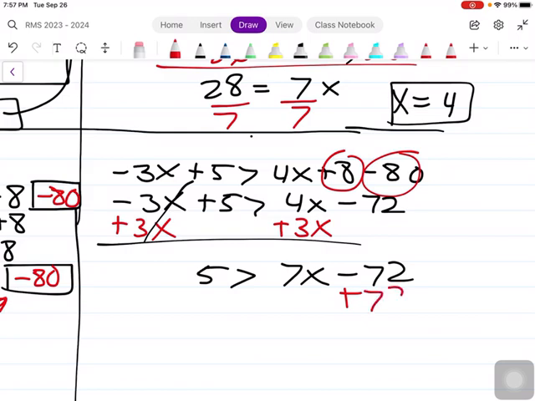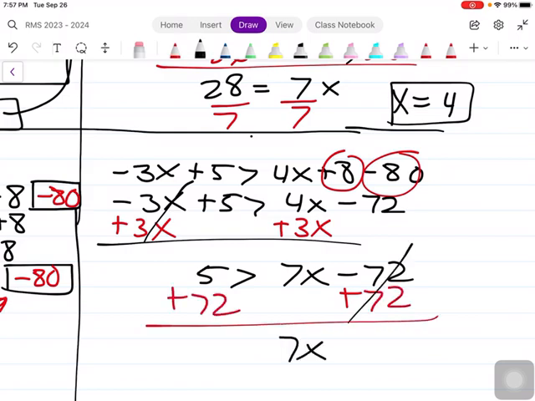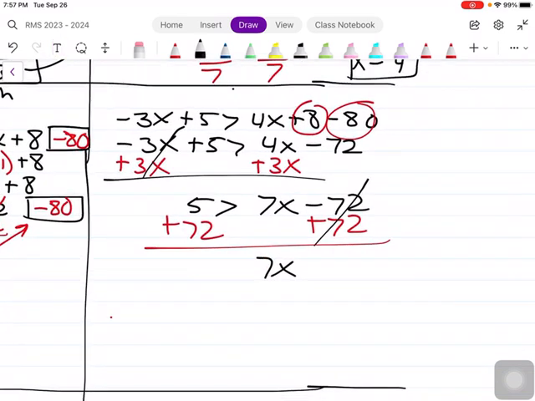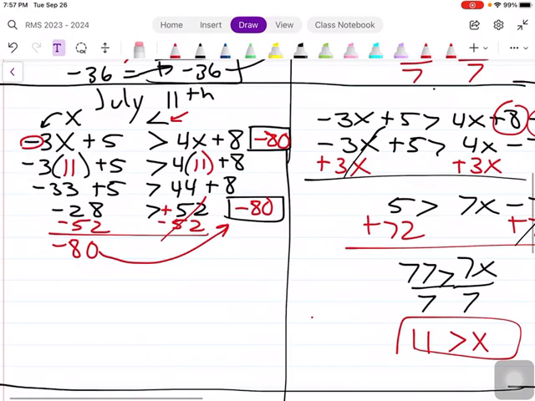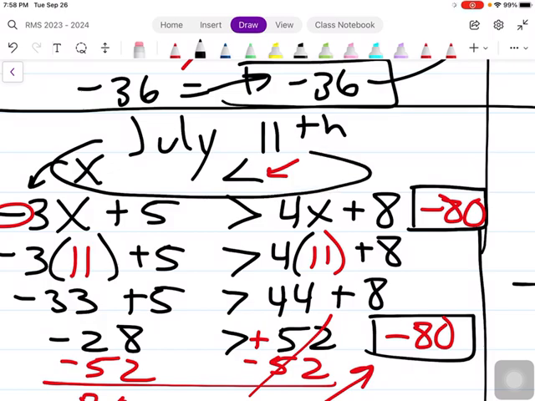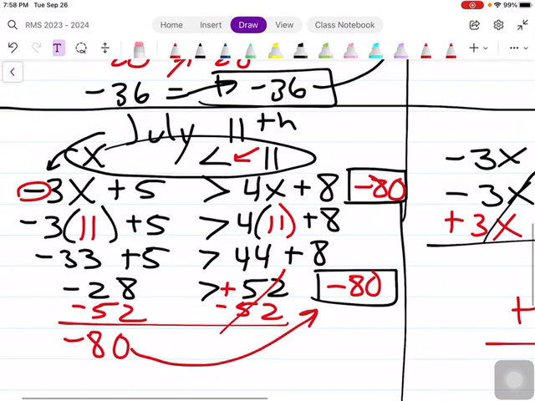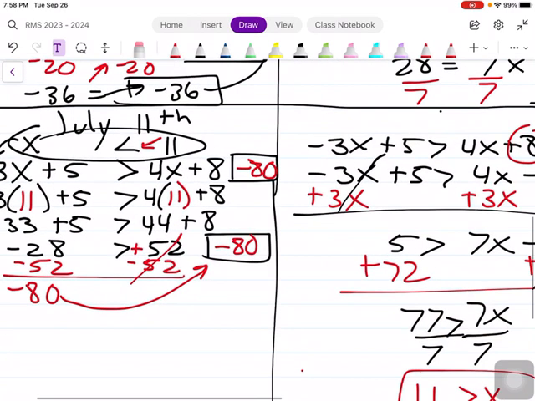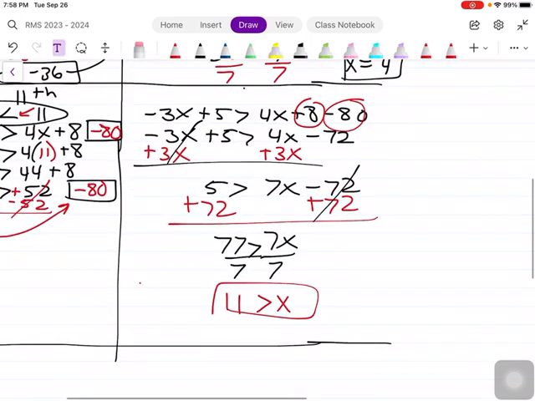And then I add 72 on both sides. And I end up getting 77. I divide by 7, and then I get x is less than 11. Which, if we look at our original equation, it was x less than 11. And so that whole action of flipping does work.